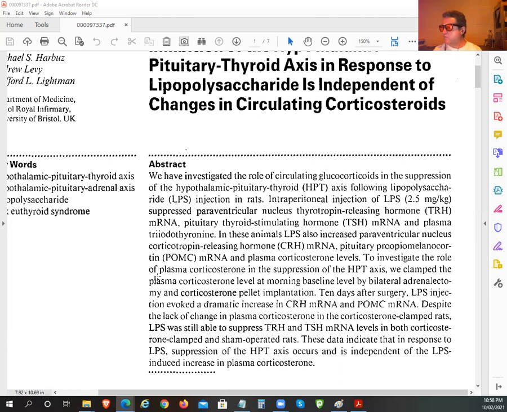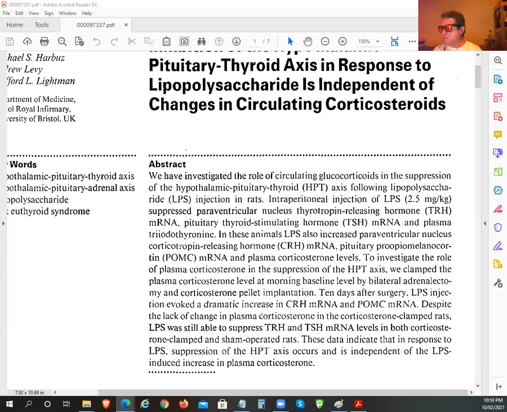To investigate the role of plasma corticosterone in the suppression of the HPT axis, we clamp the plasma corticosterone levels at morning baseline level by bilateral. So they basically just prevented those coming through. 10 days after surgery, LPS injection evoked dramatic increase in CRH and POMC. So they got the response they want.